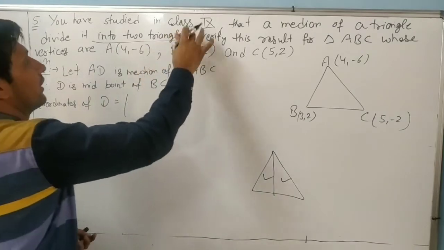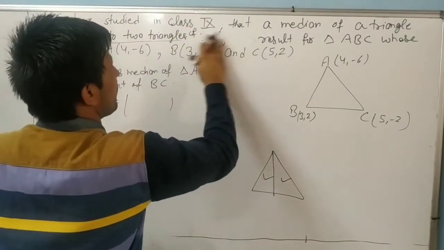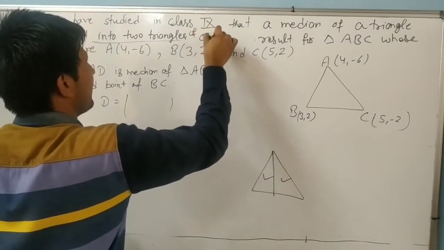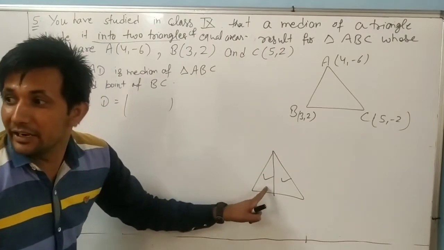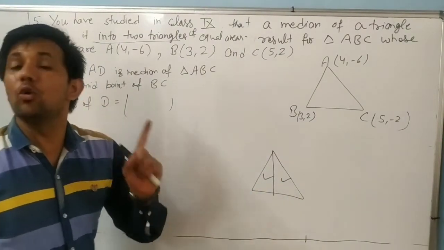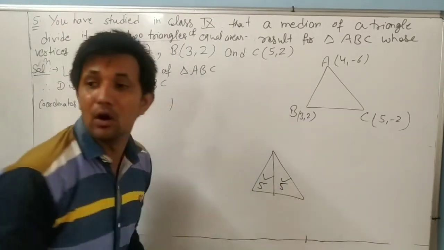It means if it is a median, it divides the triangle into two triangles whose areas are equal. If one is 5, the other is also 5.